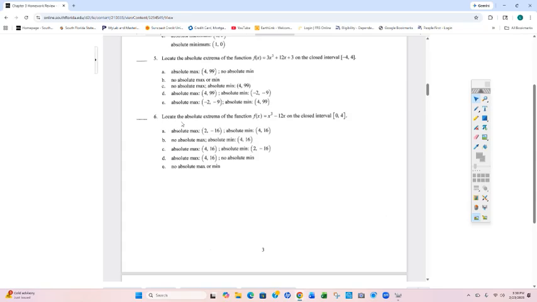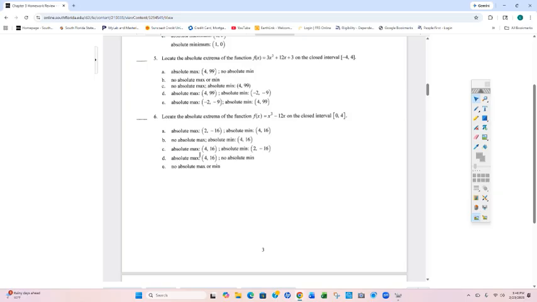Number 6, locate the absolute extrema of the function f of x equals x cubed minus 12x on the closed interval 0 to 4, in brackets. A, absolute max, the coordinate is 2, -16, absolute min, the coordinate is 4, 16. B, no absolute max, absolute min at the coordinate 4, 16.